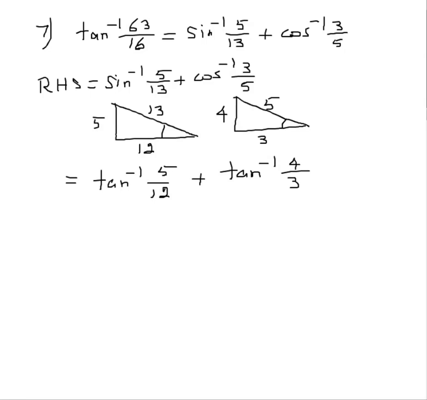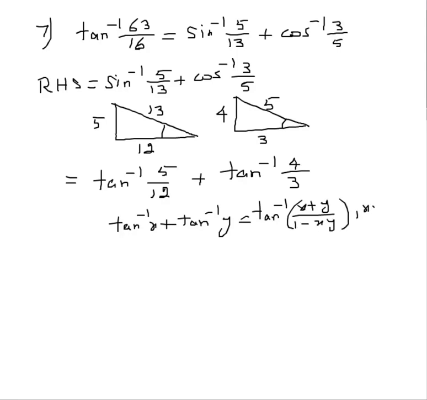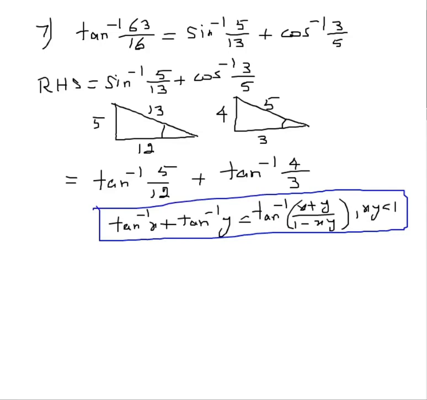Now let us use tan inverse of x plus tan inverse of y formula, which is tan inverse of (x plus y) by (1 minus xy), and the condition is xy should be less than 1. Check whether the condition is satisfied. 5 by 12 into 4 by 3. Yeah, it is less than 1.